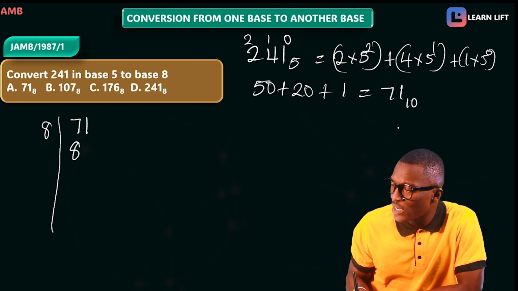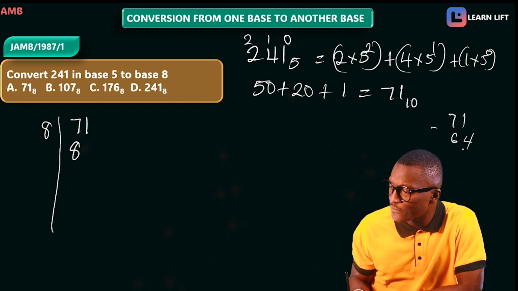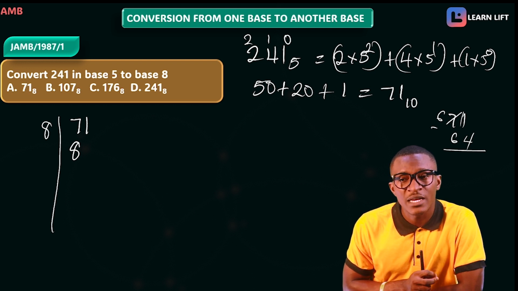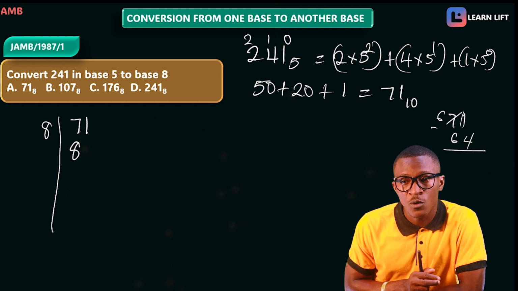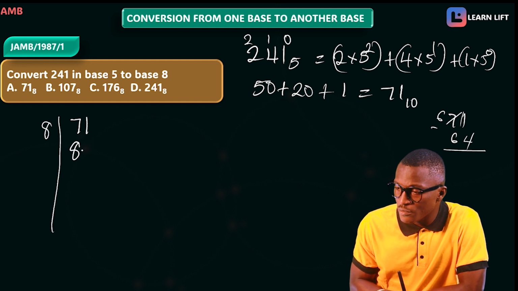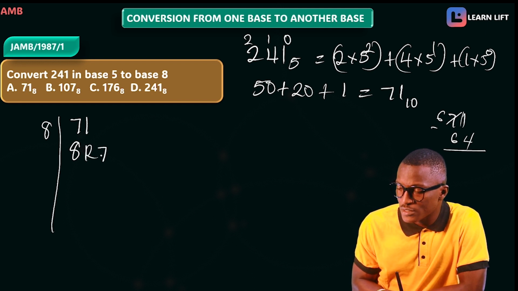So what's 71 minus 64? Borrow, this becomes 11, and 11 minus 4 gives me 7. So the remainder is 7.